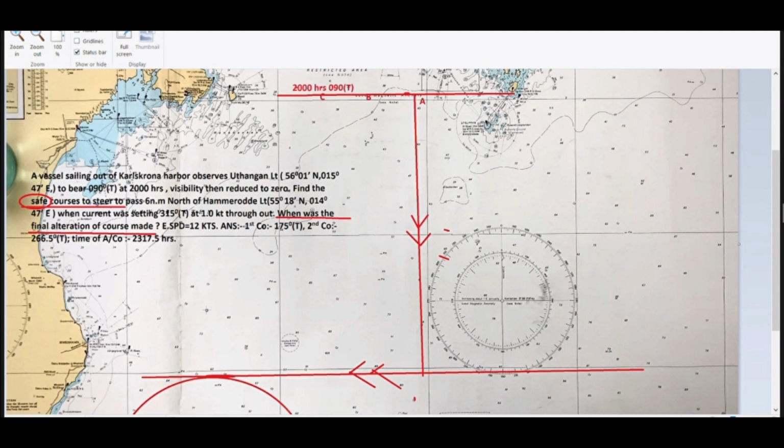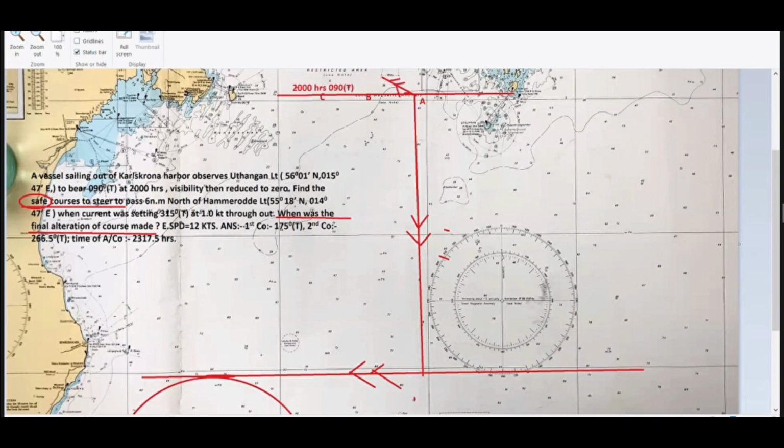Again cut 1 mile and then cut engine speed 12 miles and get the second course to steer. So this is your R to S, your 315 into 1 mile.